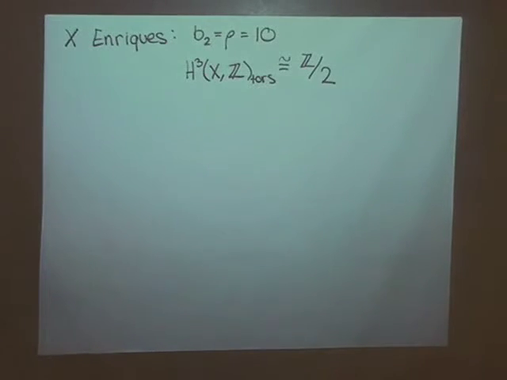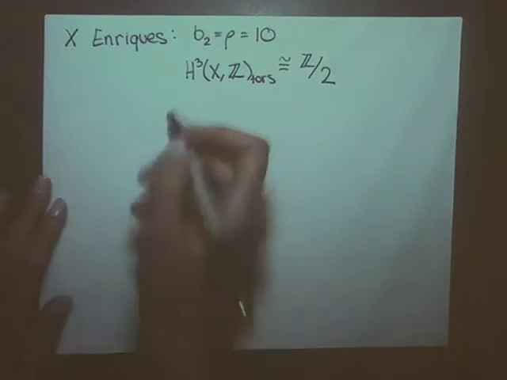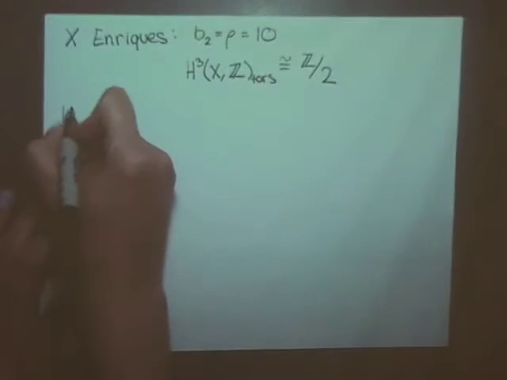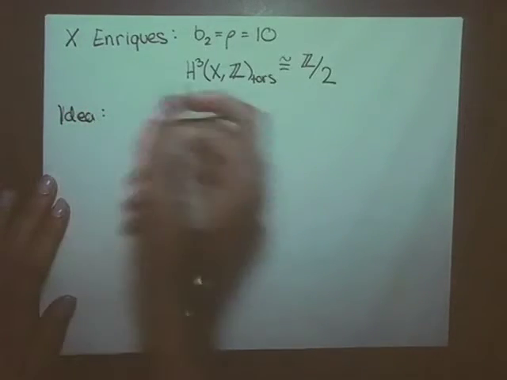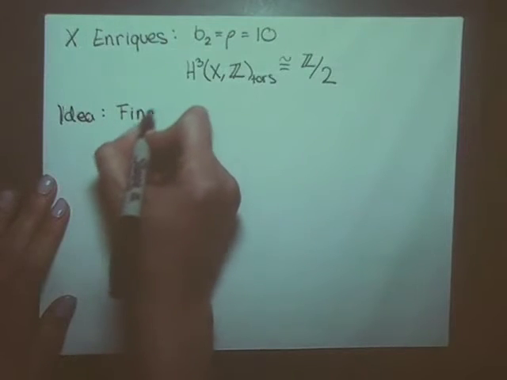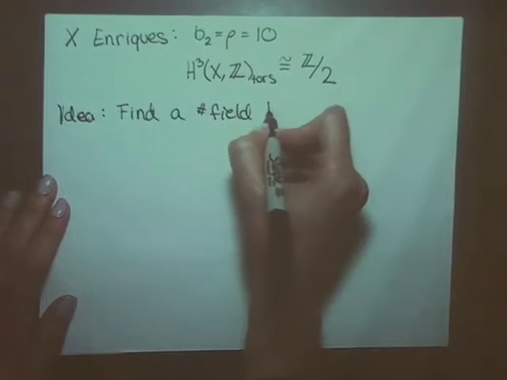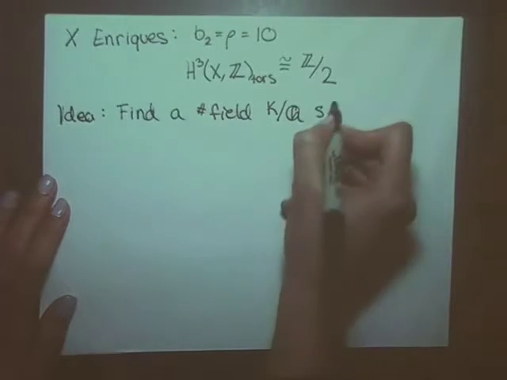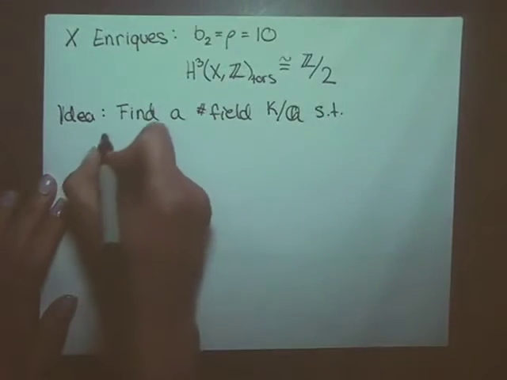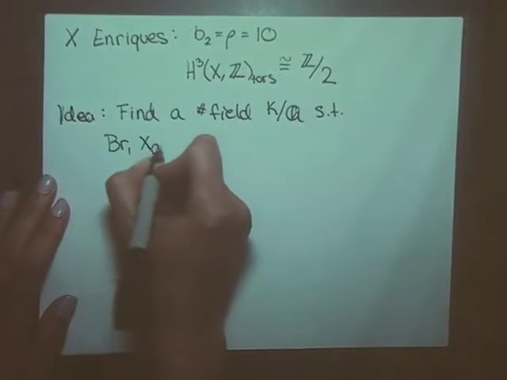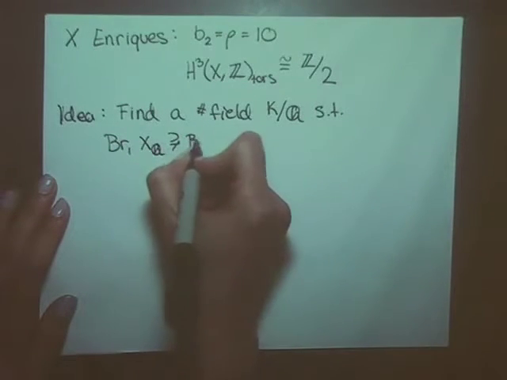Okay, so one idea is, part of the problem is we went so far up. We went all the way to the algebraic closure that so many of the other classes were killed. So to deal with the Z mod 2 problem, an idea is to find a number field, say K over Q, such that the algebraic Brauer classes are not just the constant classes.